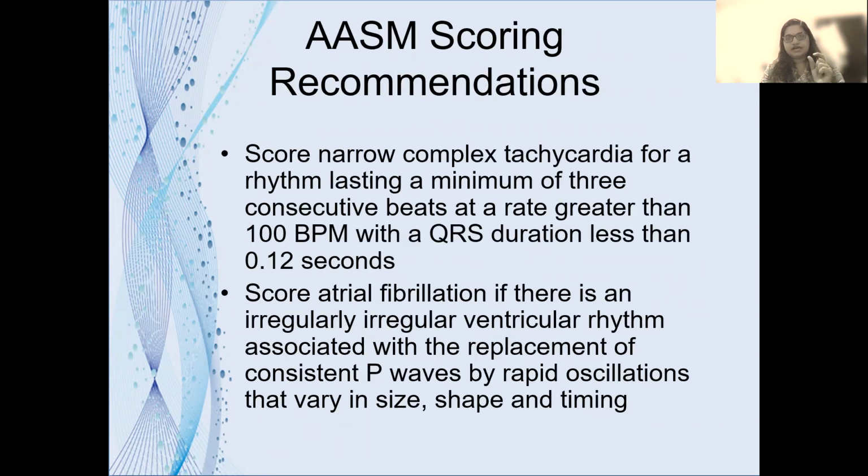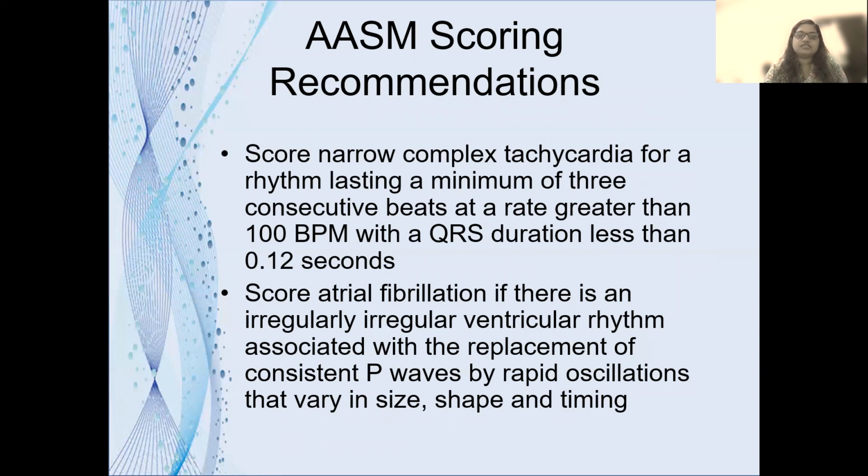Narrow complex tachycardia is a rhythm lasting a minimum of 3 consecutive beats, again 3 consecutive beats, at a rate greater than 100 beats per minute with a QRS duration less than 0.12 seconds.